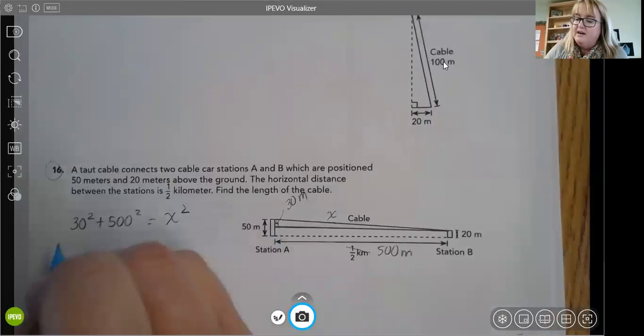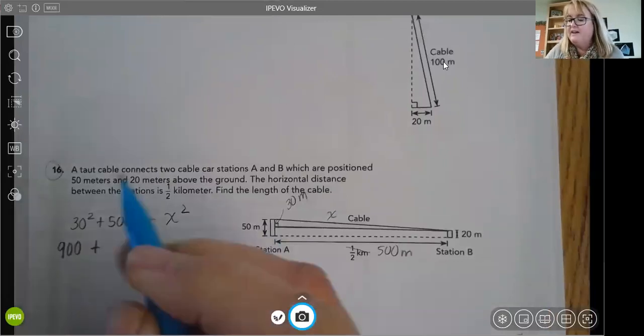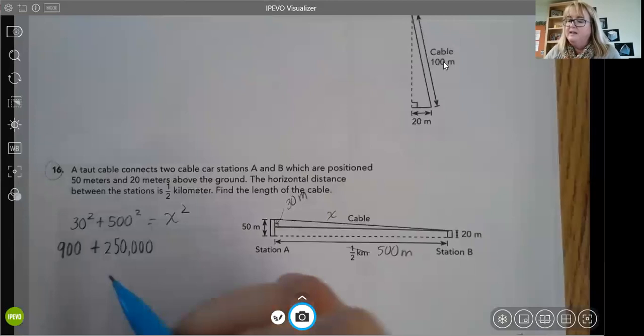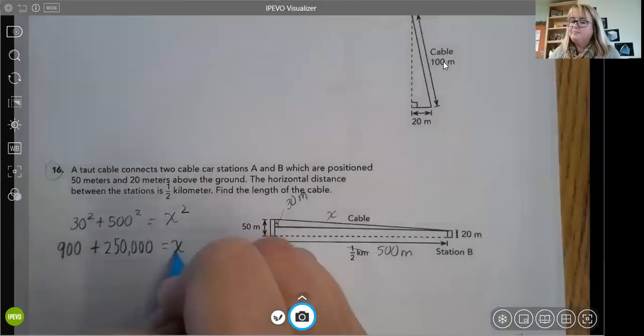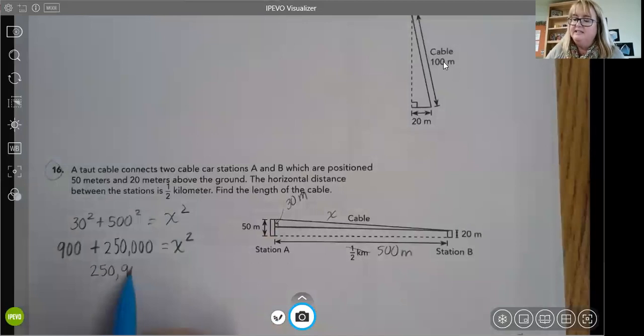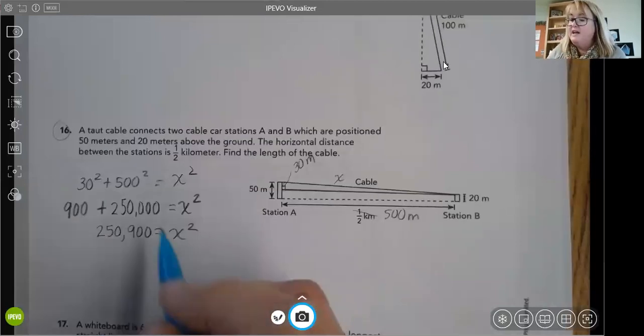So 30 squared is 900 plus 500 squared is 250,000. That equals x squared. So we add 900 plus 250,000, which is 250,900, is x squared.